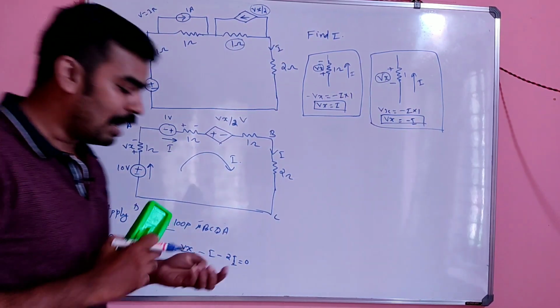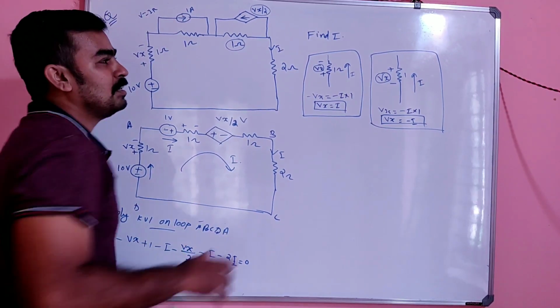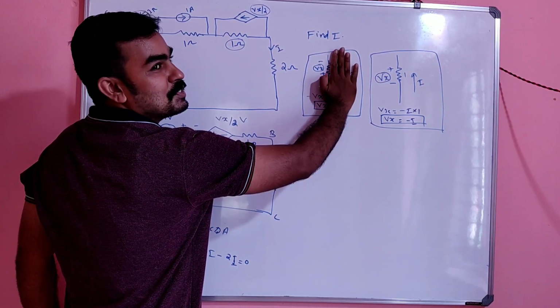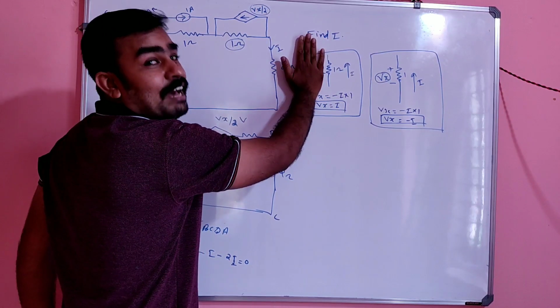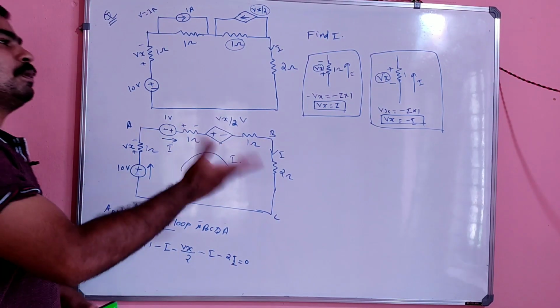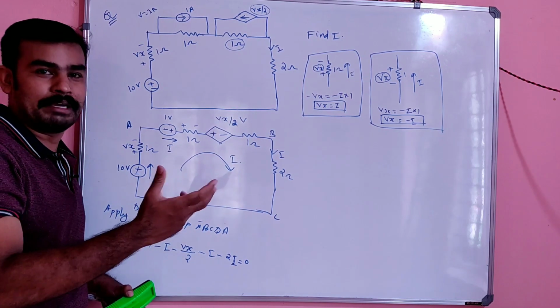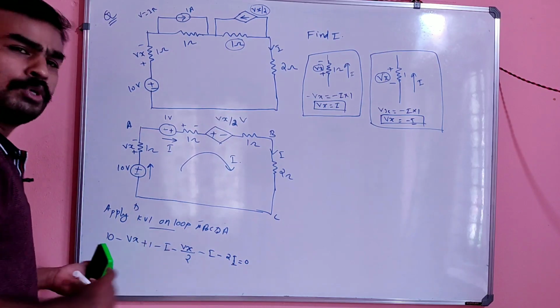You have to handle this condition well. Up to this, consider it as a voltage source, so minus Vx. Then consider it as a resistor, so you get minus I into R. You have to account for both the source voltage and the voltage drop across the resistance. So now come to our problem.